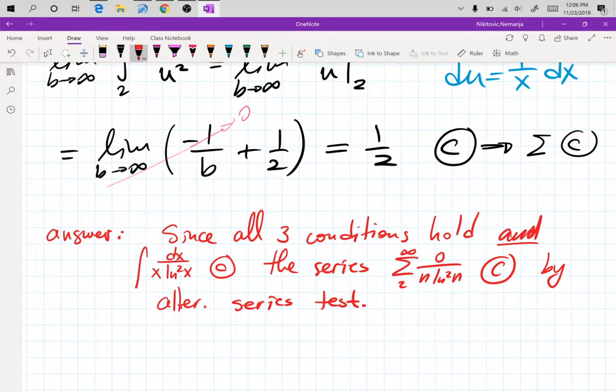Now, it's actually absolutely convergent. So you can put AC, absolutely convergent.